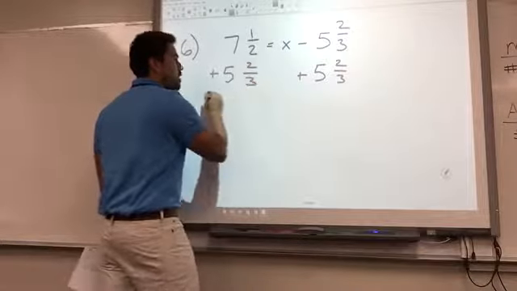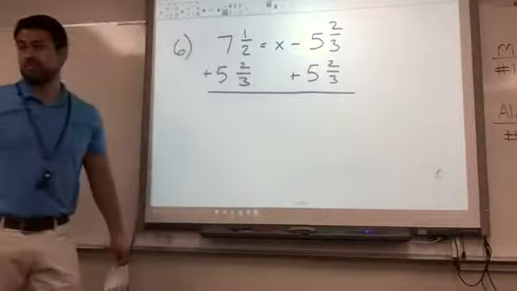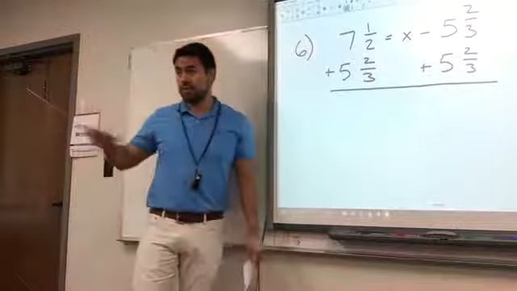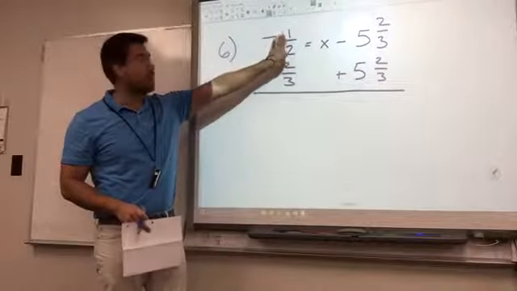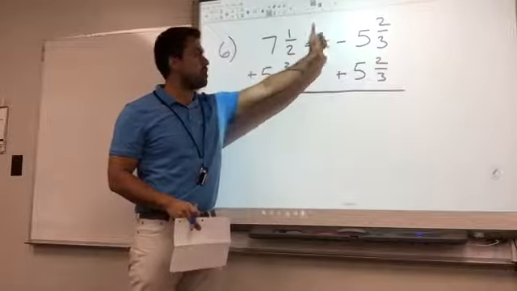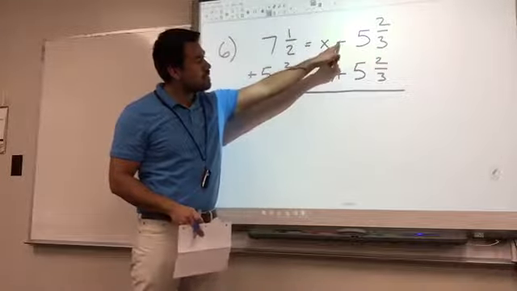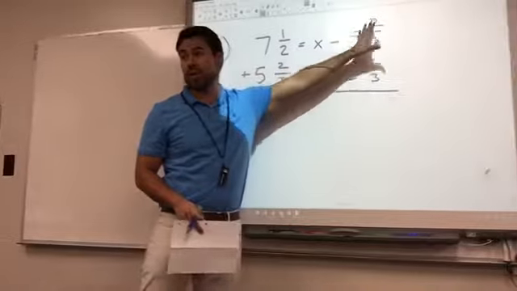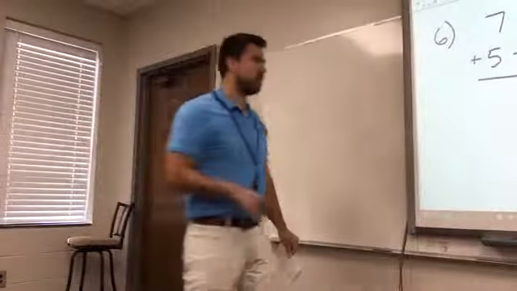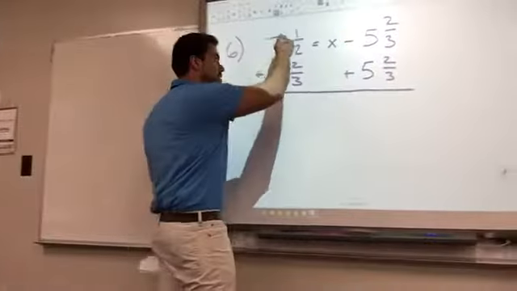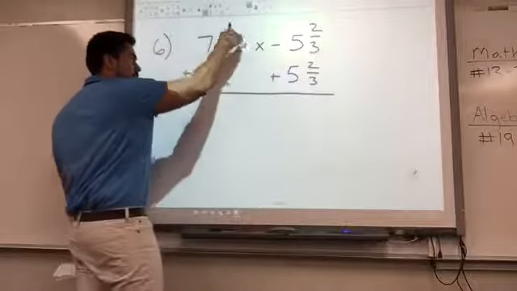Why would you add 7.5 to both sides? If I did that, yes, it would cancel this out, right? But I'd be left with x minus a bigger negative number, and that still doesn't give me what x is. I'd have to change it back up. So you are allowed to subtract 7.5, but that won't get x by itself.